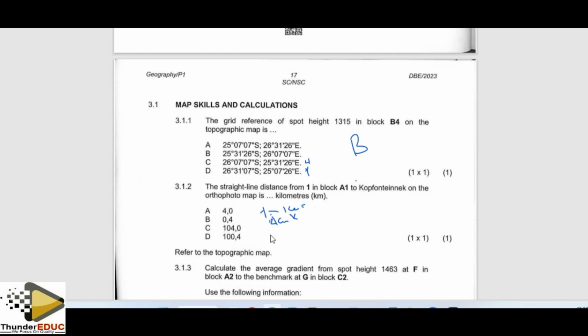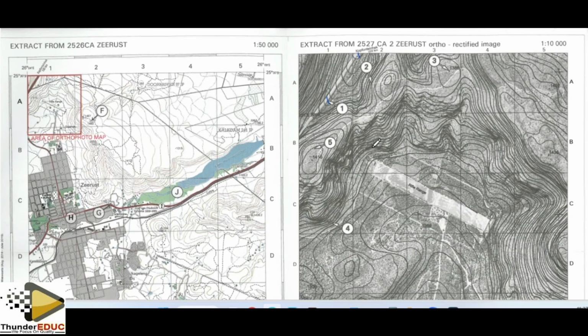So 4 centimeters times 0.1 gives you 0.4.